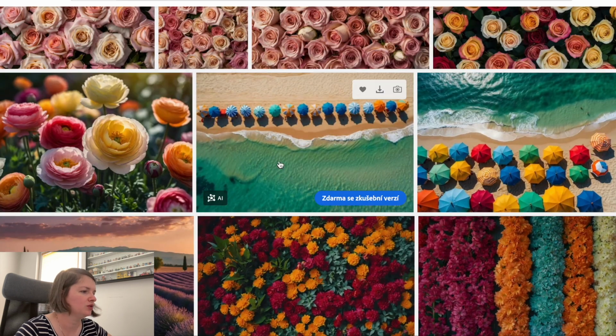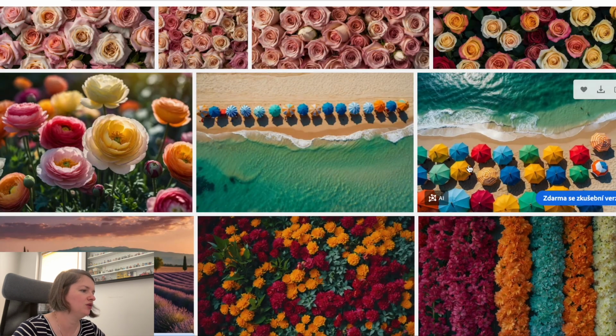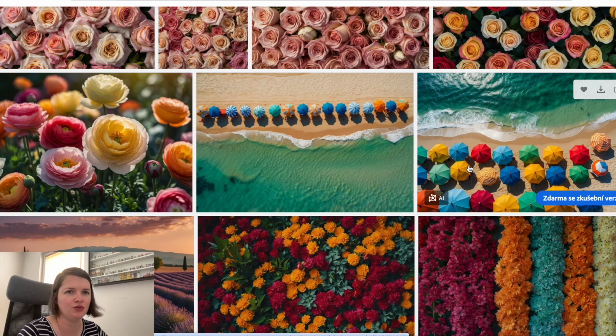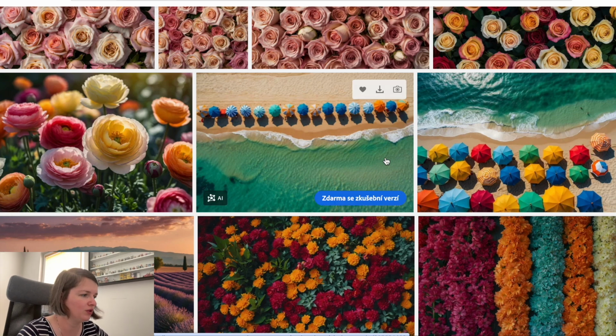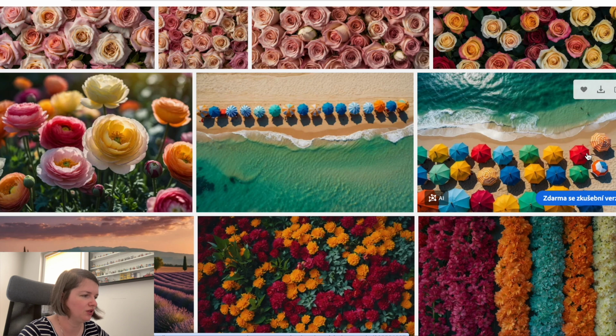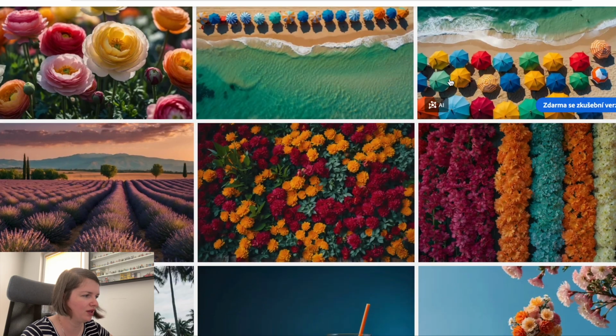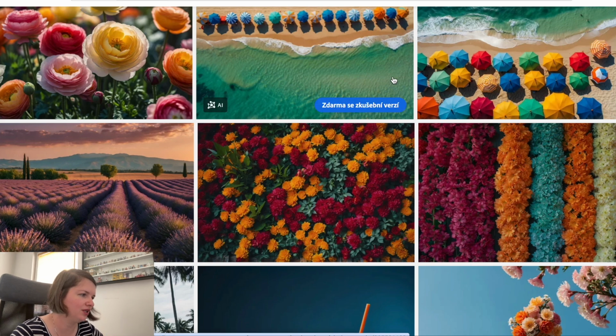So my advice would be to avoid those, because I just don't think that you will get a lot of sales. The summer drone images could be popular, but they should look a little bit more realistic, and especially this picture on the right just doesn't look real, the way the sun umbrellas are in there. So I would again look at the competition, maybe what is selling well on other stock sites.